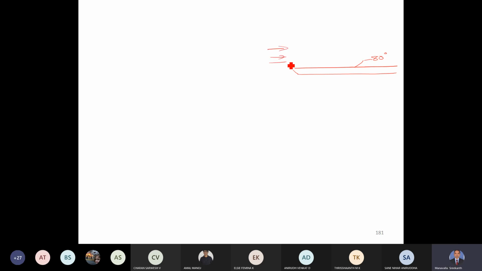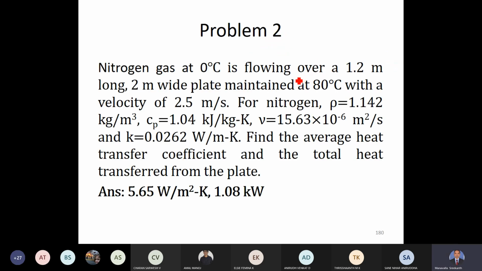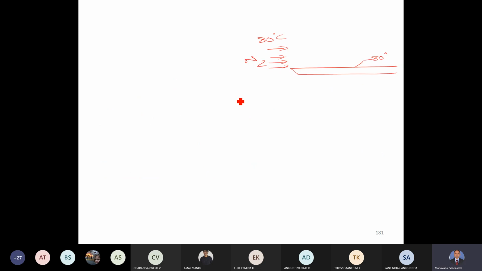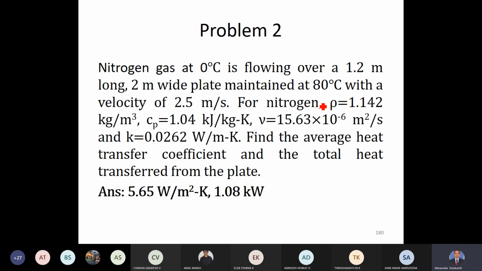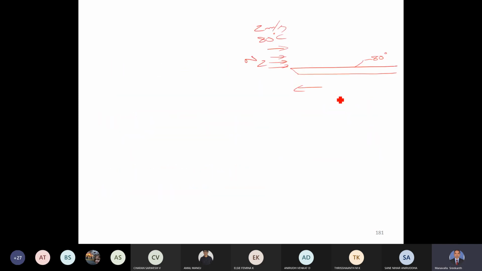There is this nitrogen flowing. And what's the velocity? Velocity 2.5 meters per second. And the length of this plate is given, 1.2 meter long.